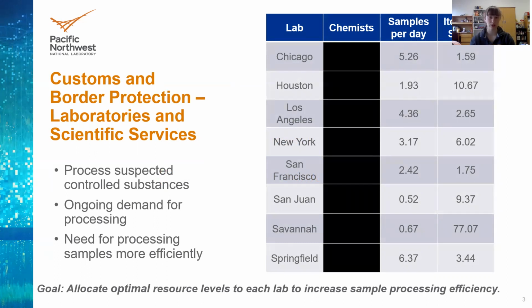But we could also use tools to help us run optimization algorithms. In this case, the optimization tool that was most frequently utilized was Excel Solver, because then we can use Excel Solver to tell us where we want to send and assign our chemists to best benefit the entire system that we have.